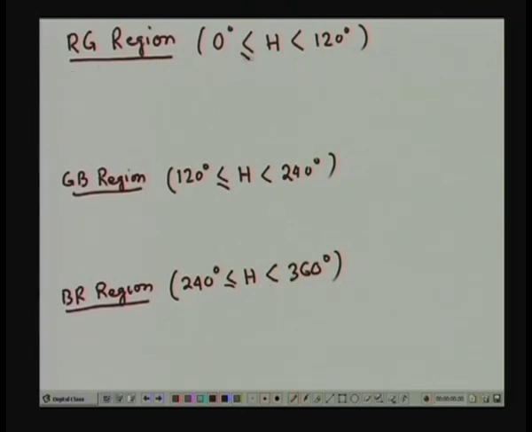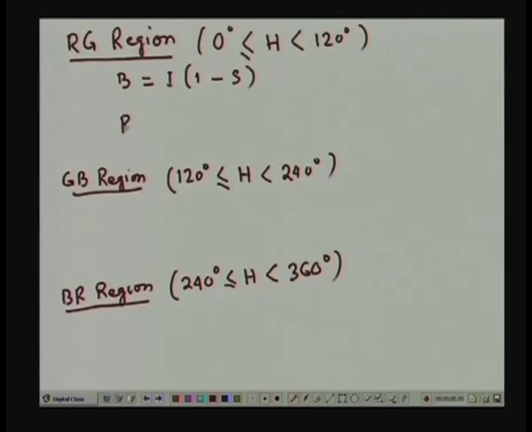And here in the RG region, you find that getting red, green and blue components is very easy. What we do is simply the blue component is given by I into 1 minus S, where I is the intensity and S is the saturation.